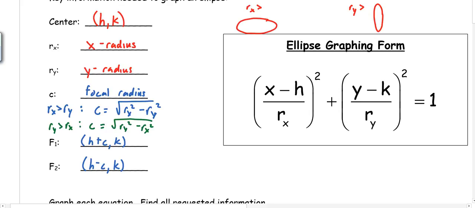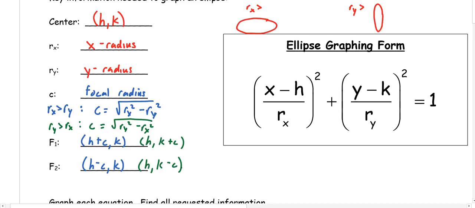If ry is greater, then we are going to have (h, k plus c) and (h, k minus c). So if ry is greater, our y coordinate is going to change to find our focal radii locations.